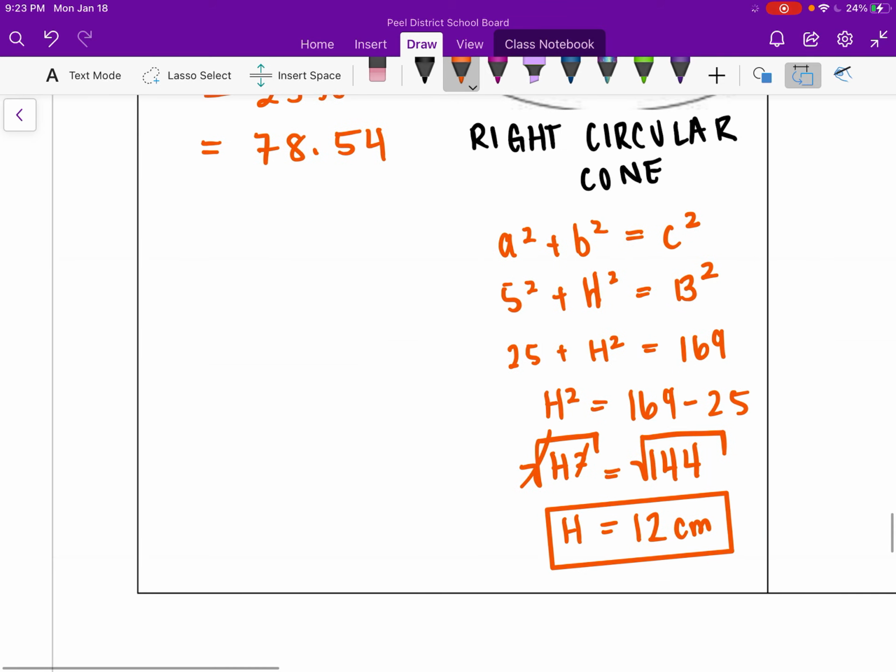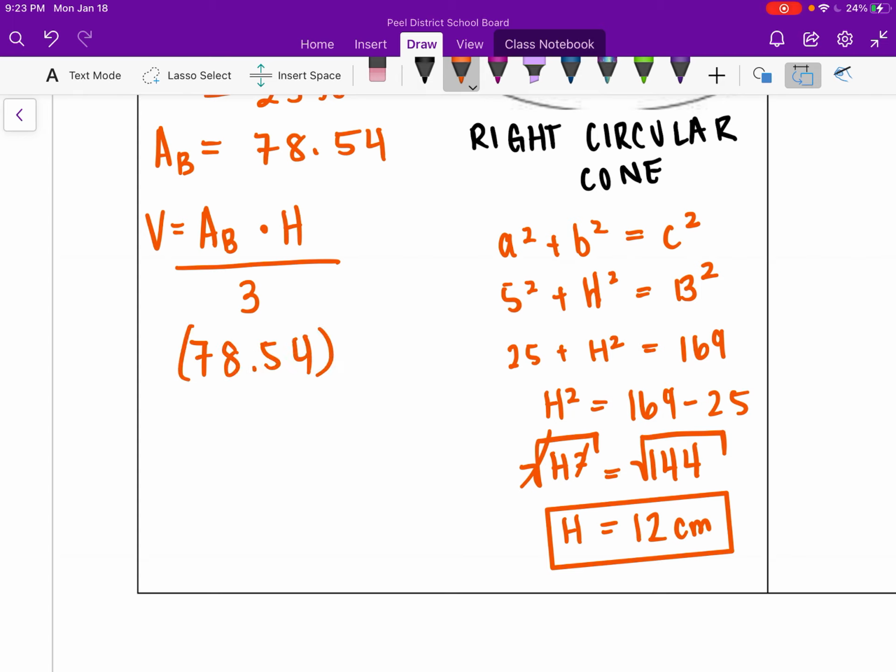So I know that my volume is equal to area of the base multiplied by the height divided by 3. And now I've got everything I need. I know the area of the base is equal to 78.54. I know that my height is equal to 12. And I've got to divide that by 3.